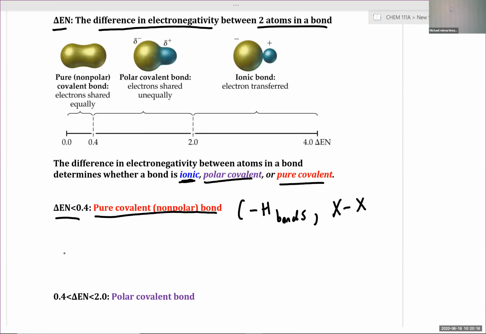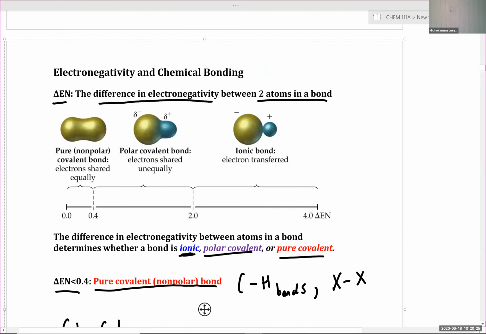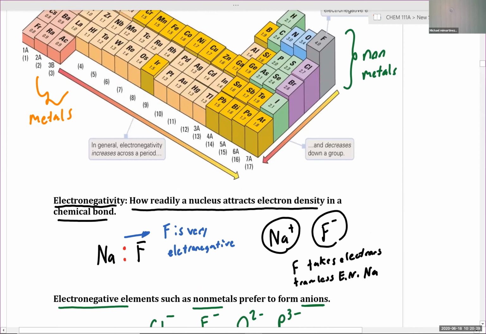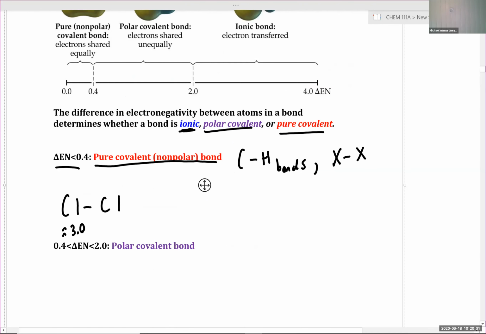For example, if you have a chlorine-chlorine bond, both of these atoms have an electronegativity value. If we go to our chart just to get an accurate value, you're not expected to memorize any of these. Both of these chlorine atoms have an electronegativity value of about 2.7.